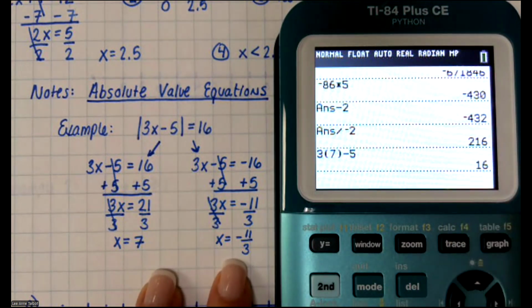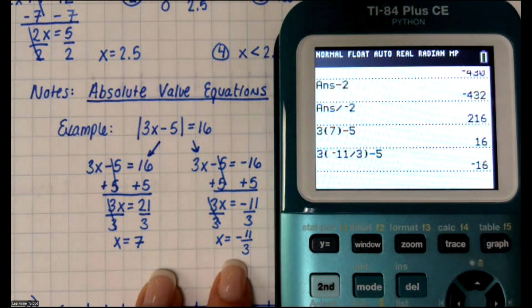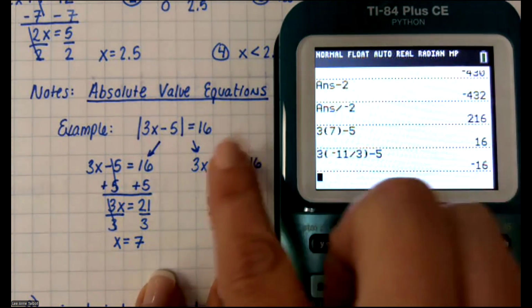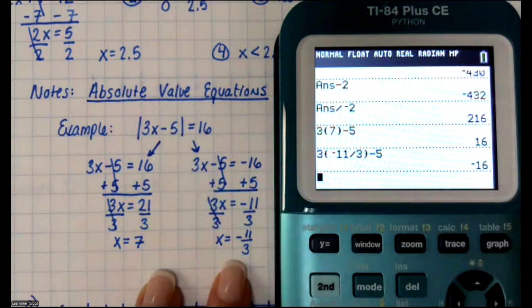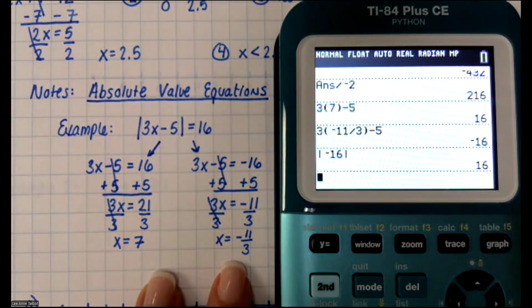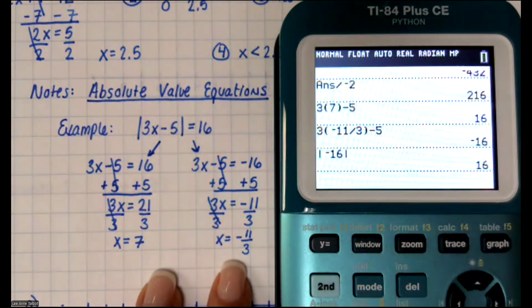So what if I did 3 times negative 11 thirds minus 5? That would be negative 16, but the absolute value of that is positive 16. So if you plug them back in, they should both work.